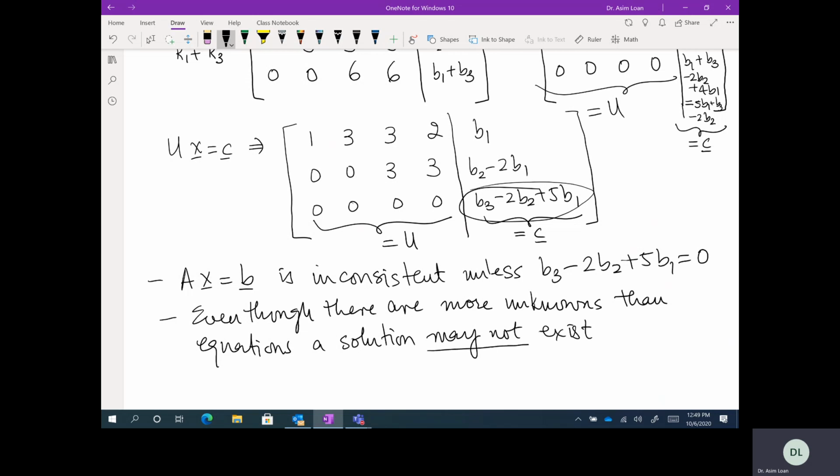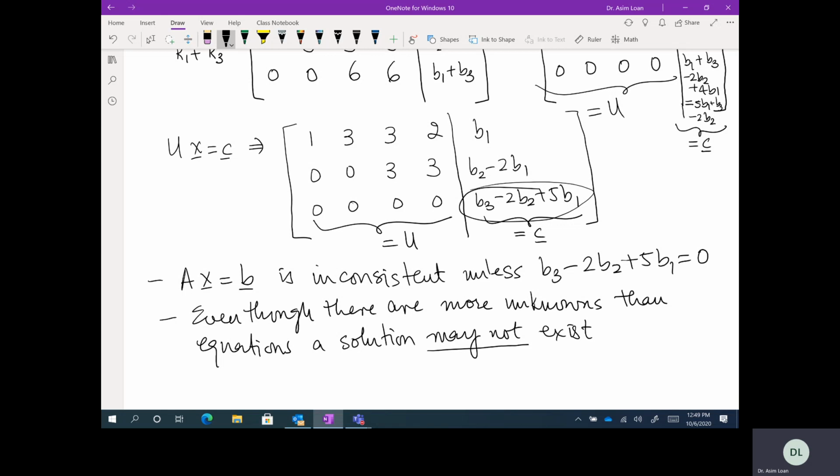So we will not have a solution. For Ax equal to b, the solution is not guaranteed even if the number of unknowns is greater than the number of equations, which was not the case for Ax equal to 0.